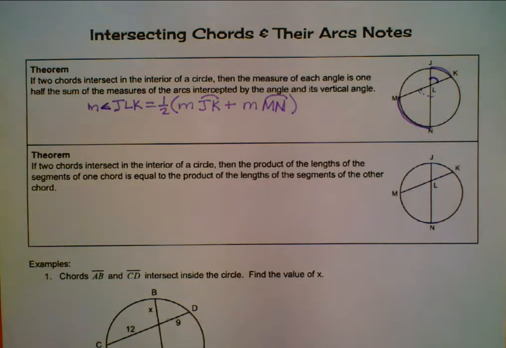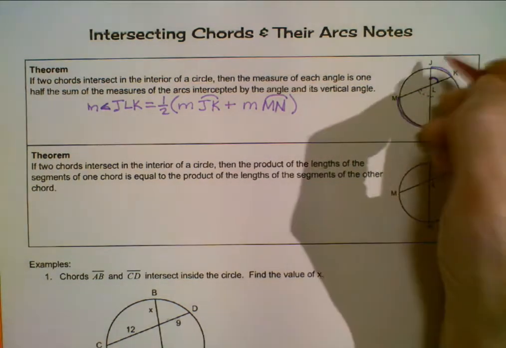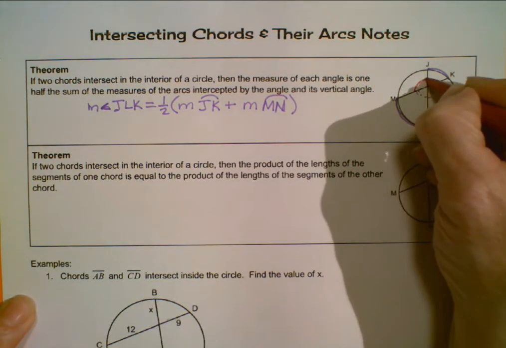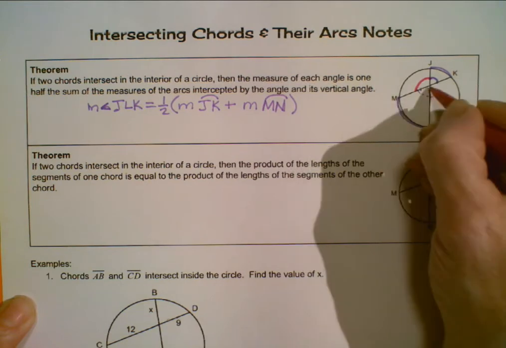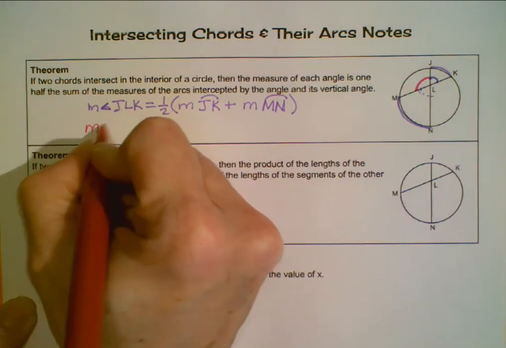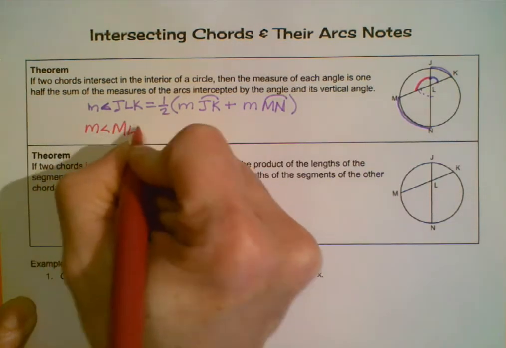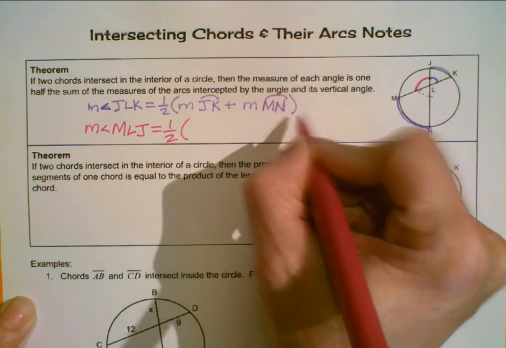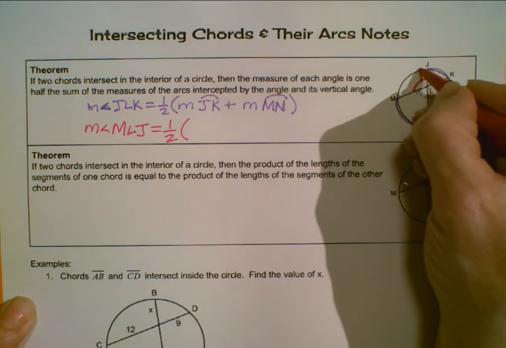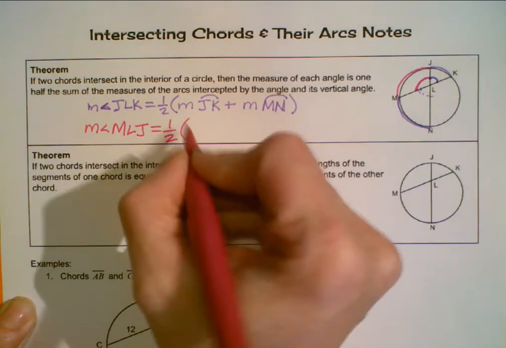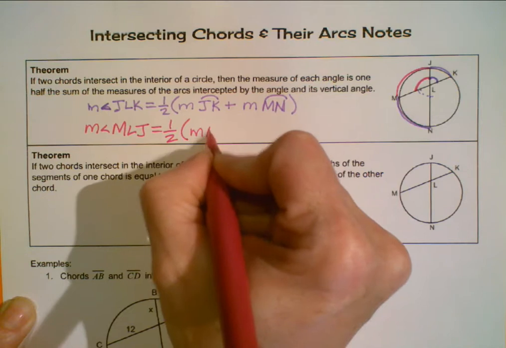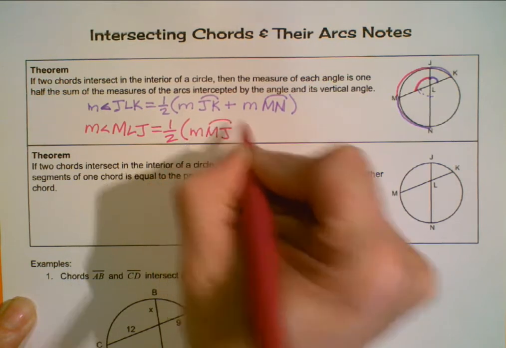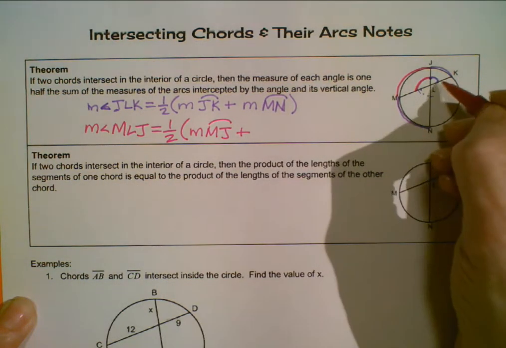Likewise, if I look at one of the other two angles, let's look at this angle here, angle MLJ. The measure of angle MLJ is 1/2 of the sum of its intercepted arc. So its intercepted arc would be arc MJ, the measure of arc MJ, plus the arc intercepted by its vertical angle.